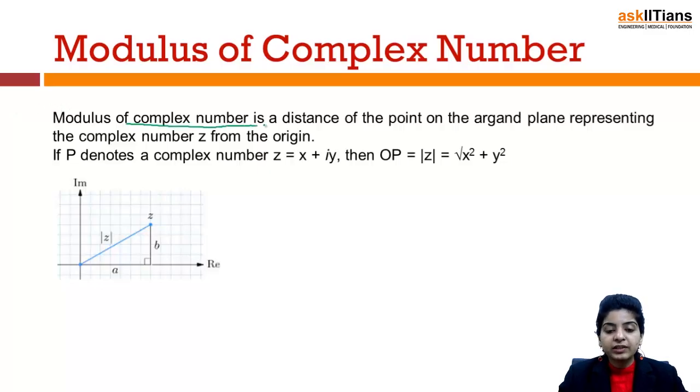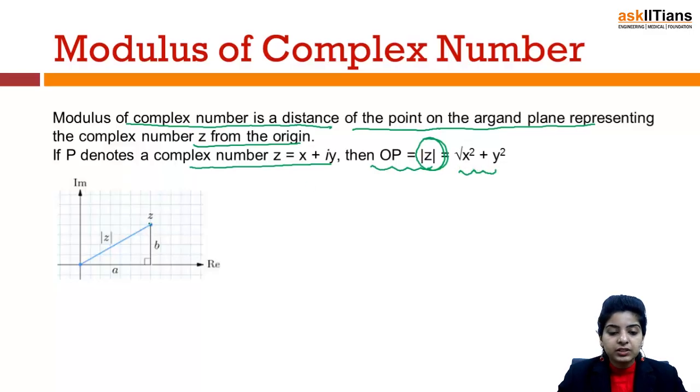Modulus of a complex number is the distance of the point on the Argand plane representing the complex number z from the origin. If P denotes the complex number z equal to x plus iy, then OP is equal to modulus of z, that is denoted by this, and that is equal to under root of x square plus y square.